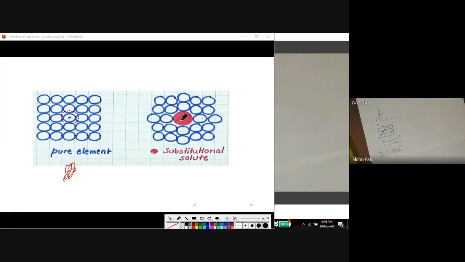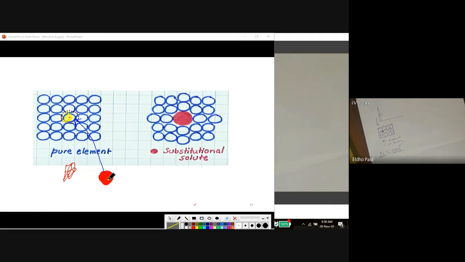How is the substitutional solid solution formed? This is my impurity atom. This impurity atom occupies this position by replacing this atom.